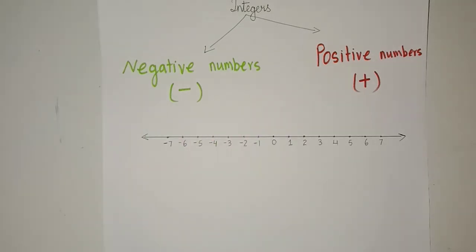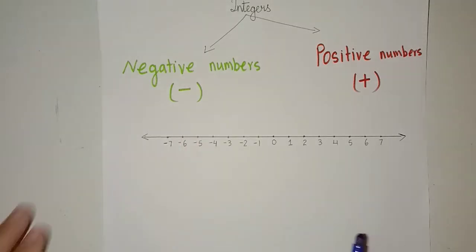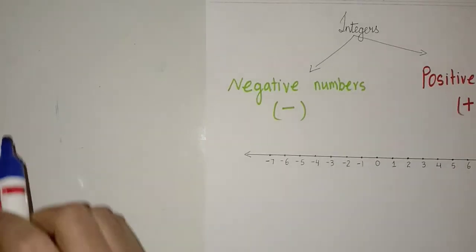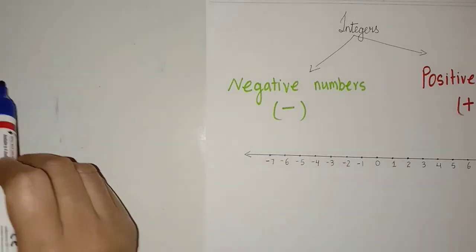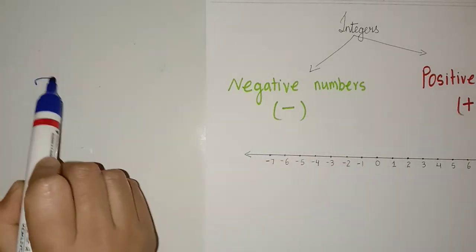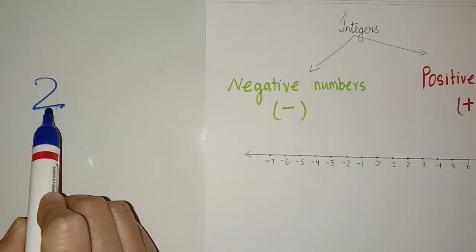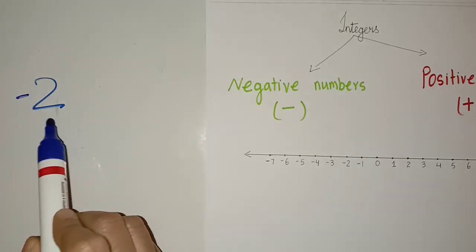Negative numbers are those numbers which have the minus sign before the number. Suppose I want to write the number 2. If I just write 2 and don't put any sign, then 2 is positive. But if I put the minus sign before, it becomes negative 2.